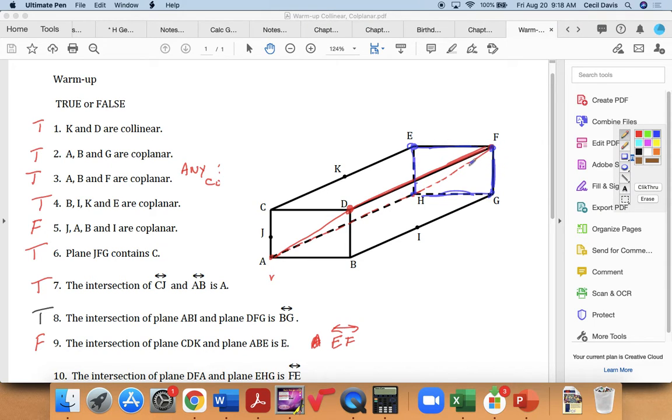Those two meet along this dotted line back here from F to H. So this is false. It should have been line FH instead of FE. E is not part of this first plane, DFA, which is a diagonal plane.